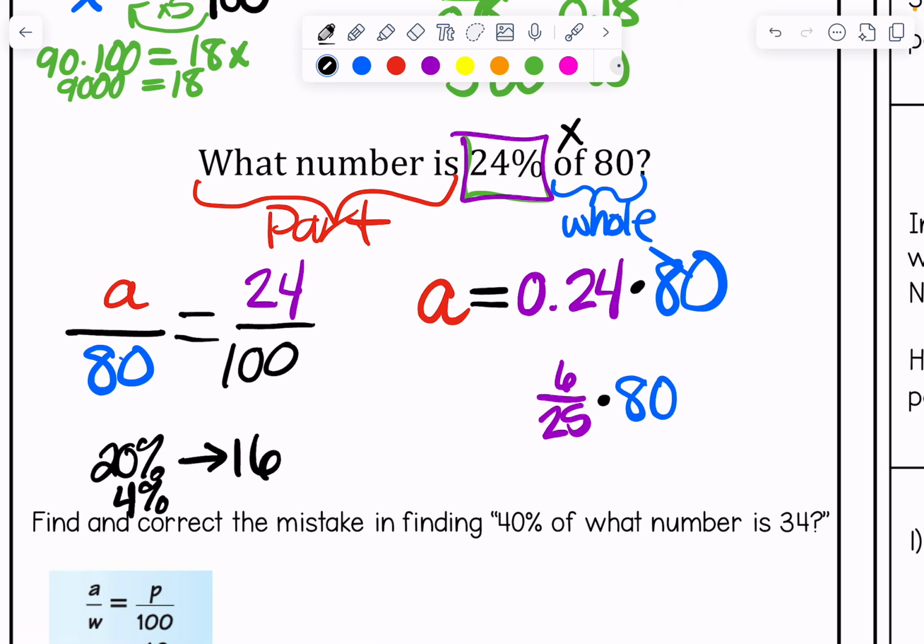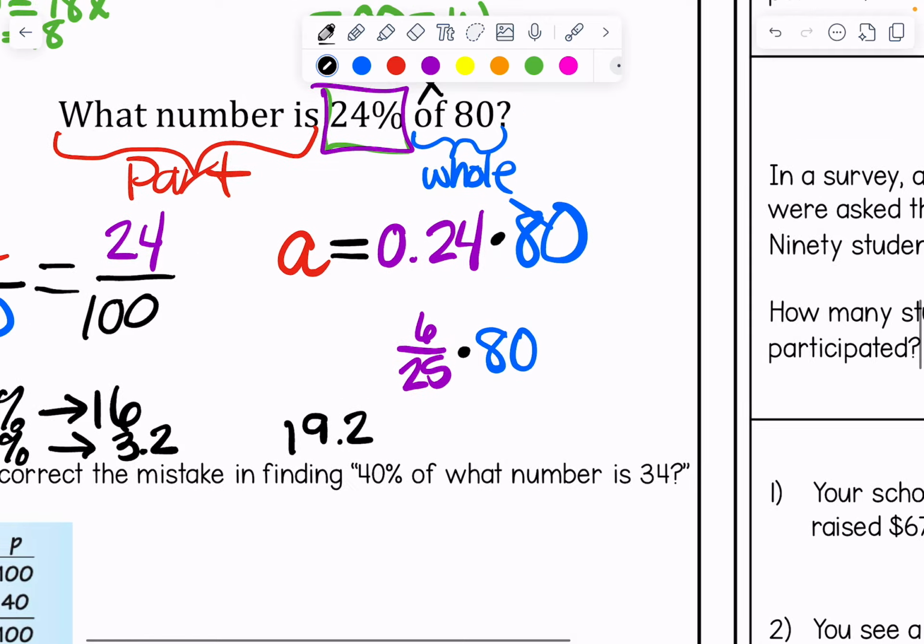And then you multiplied that times 4 to get 3.2. And then you guys were able to solve that to get 19.2. So again, every problem has a variety of ways that you can solve it. You just need to find the way that makes the most sense to you.